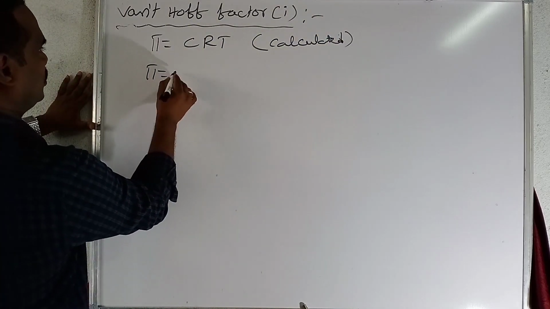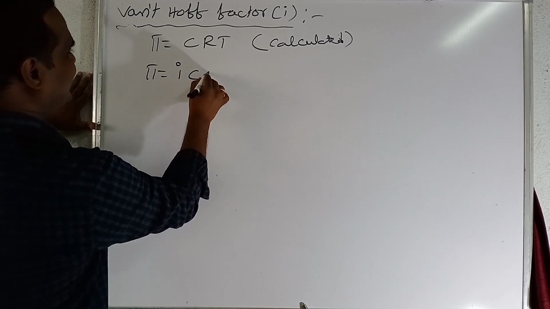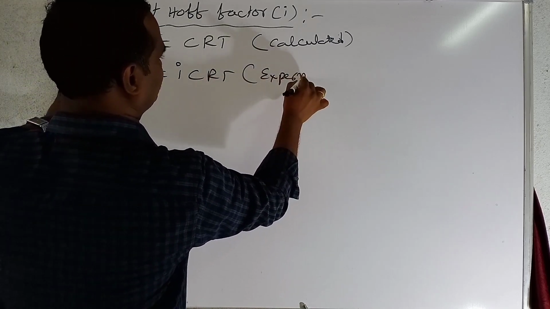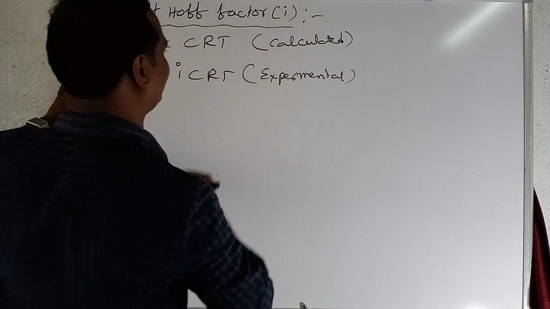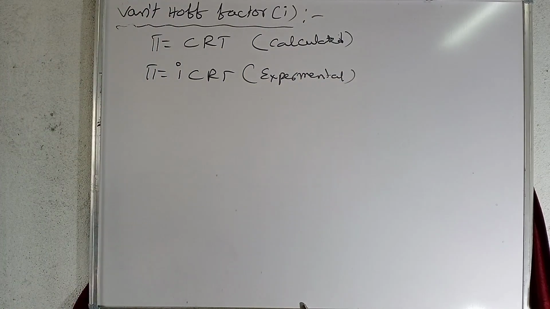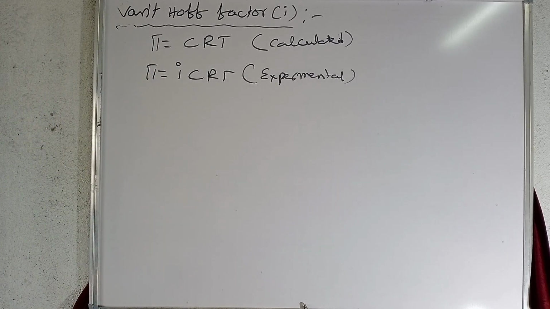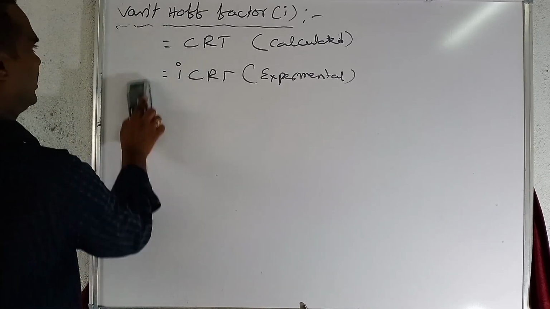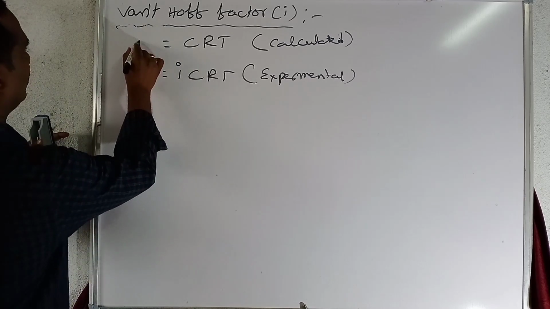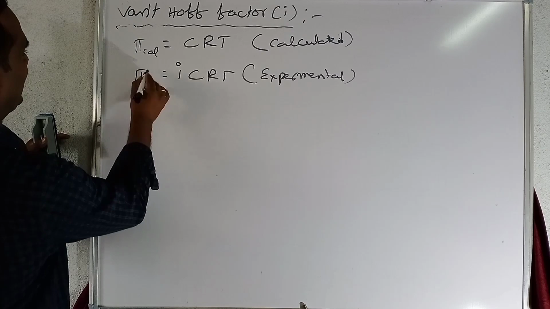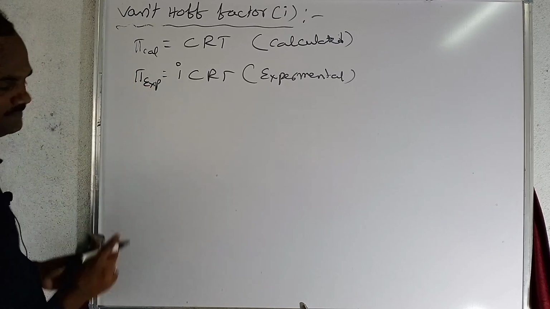Pi is equal to iCRT; this is experimental osmotic pressure. Pi is also a symbol we use. You write the symbol pi calculated and pi experimental.